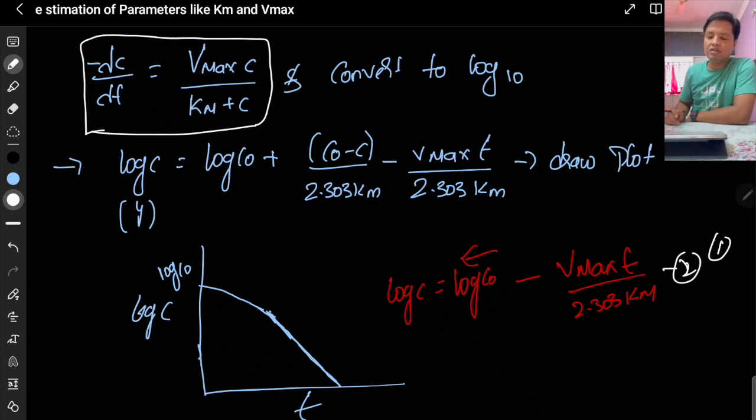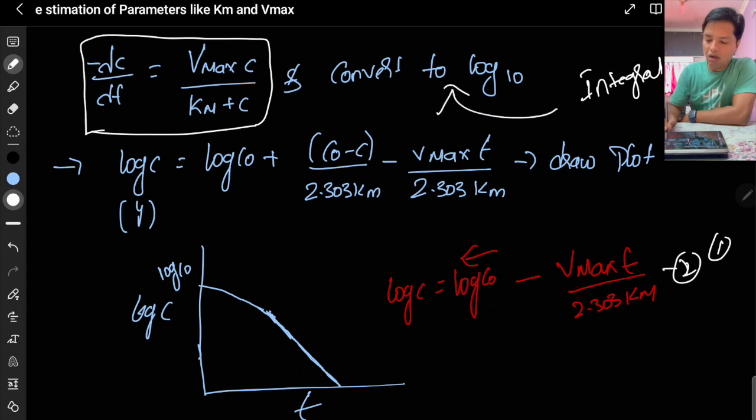Because we want to measure the values of the parameters, we need to convert that equation into some format. For that conversion, what we need to do is integrate this equation and convert it to log base 10.